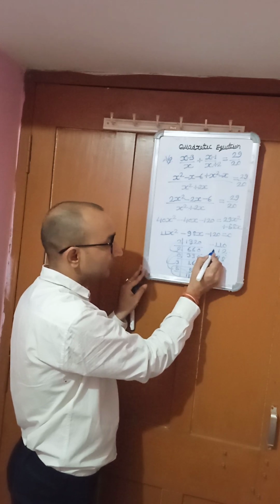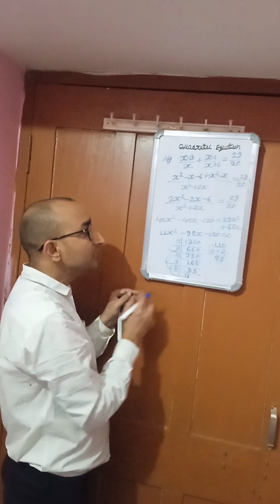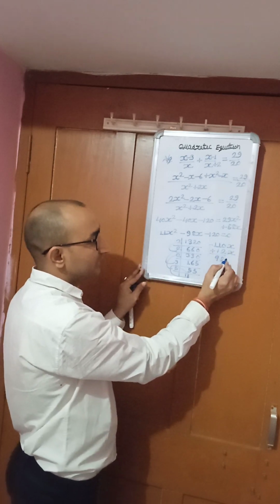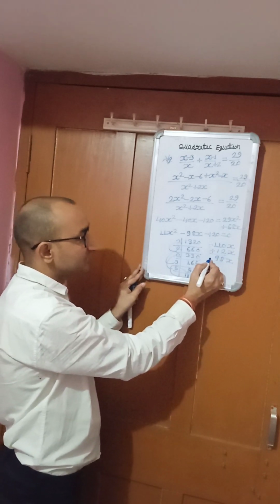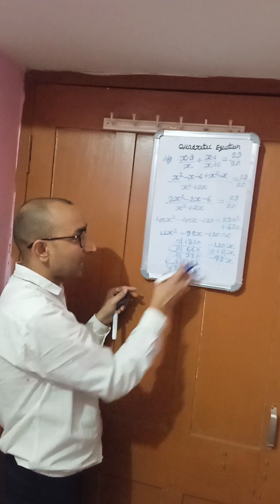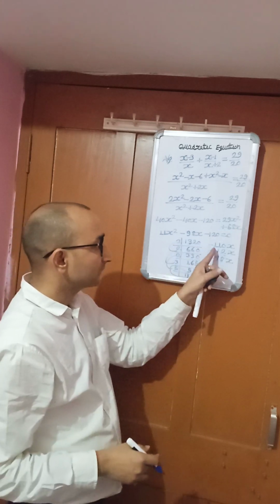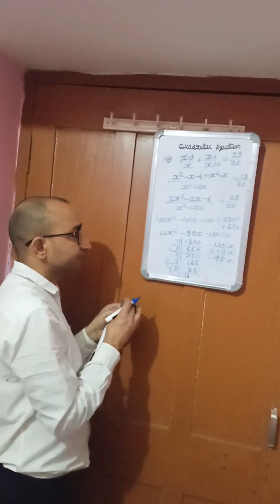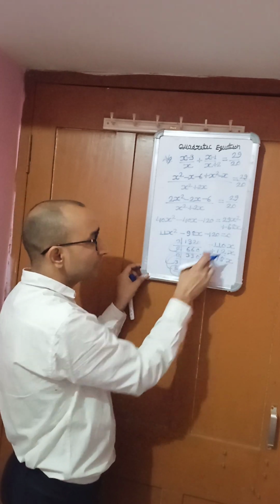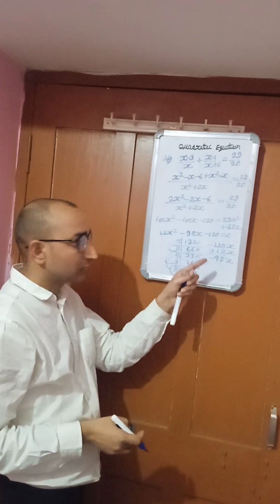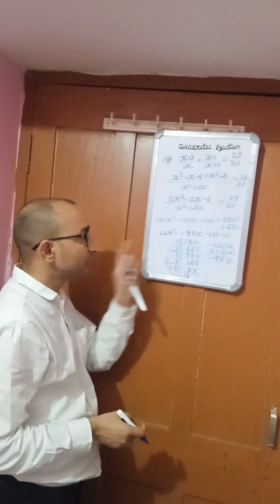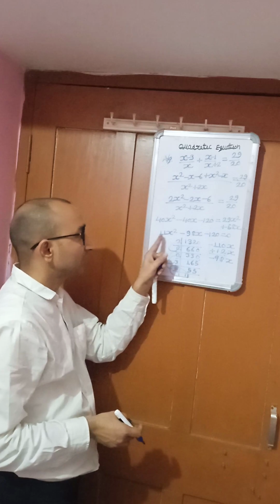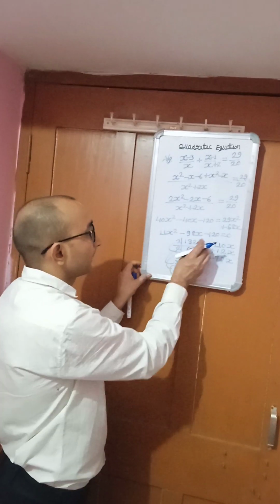So the minus sign goes with the larger one, and this becomes minus 98x. I break this into two parts, 110 and 12, and 12 into 110 is equal to 1320.